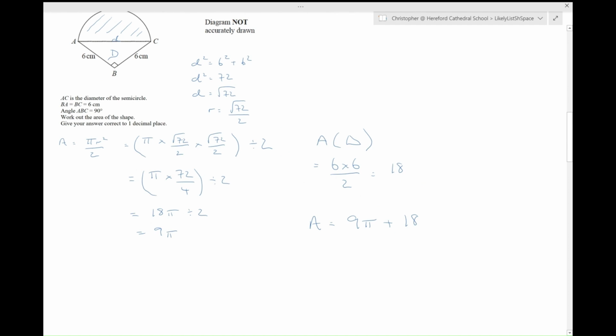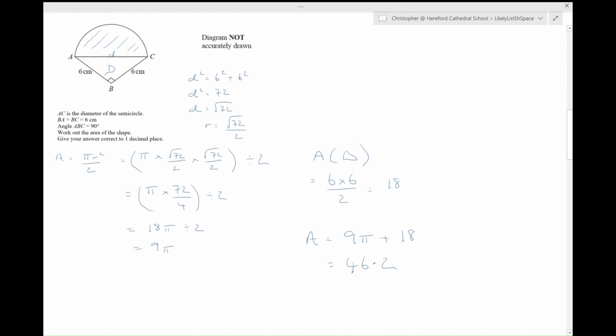And all you need to do now is to stick that into your calculator and give your answer to 1 decimal place. And that should give you the answer of 46.2 square centimetres to 1 decimal place.